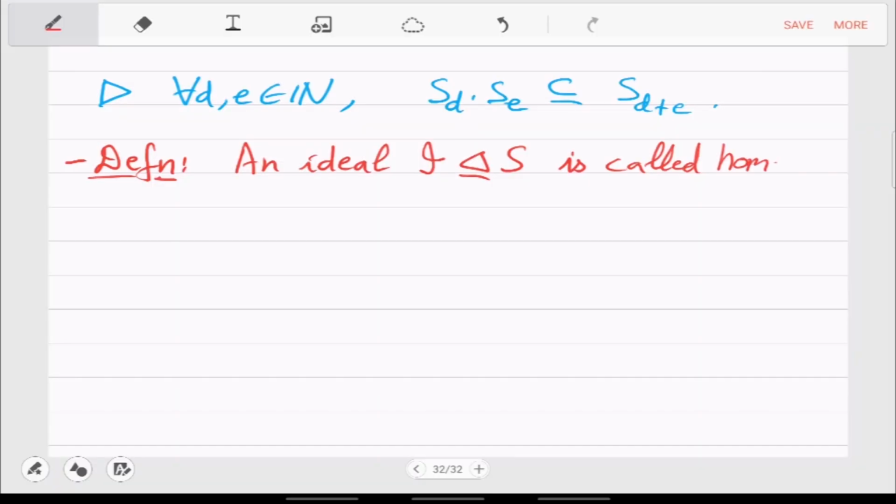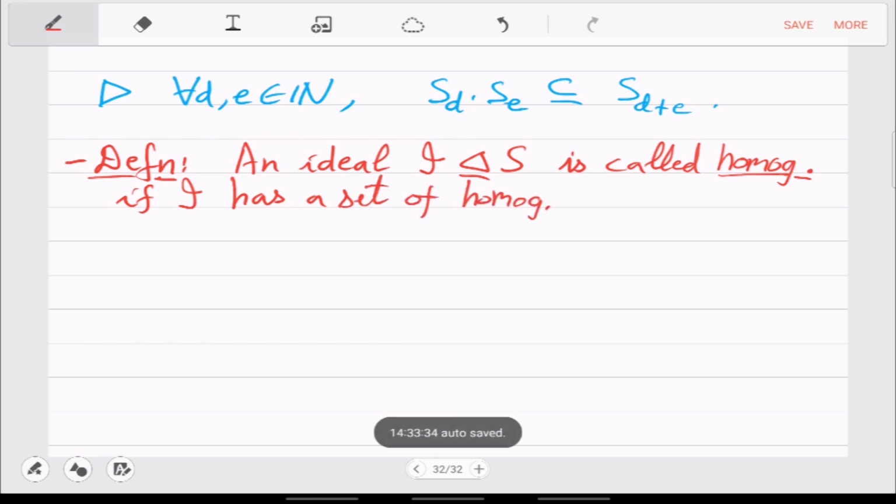So an ideal I of this S, which now remember has one extra variable, n plus 1 variables, over the base field K, is called homogeneous if I has a set of homogeneous generators.